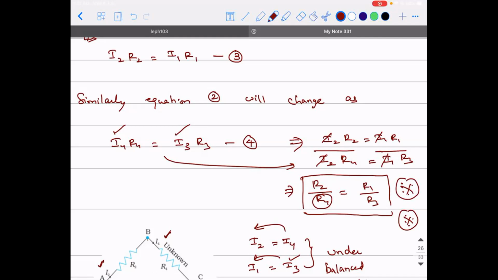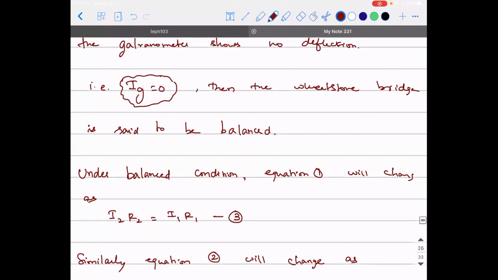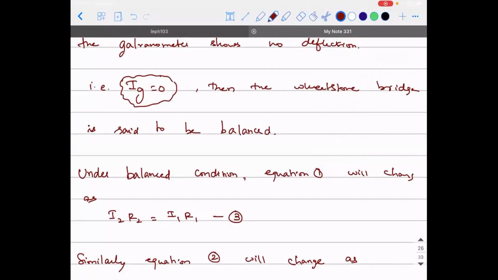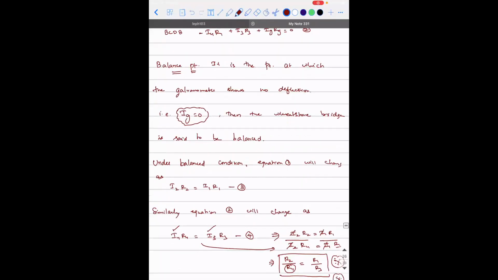Sir, could you go up? This side? Yes, sir. Okay. One minute. For the sake of copying what I will do, I'll make it simple for you guys. Now it will be easy to copy.